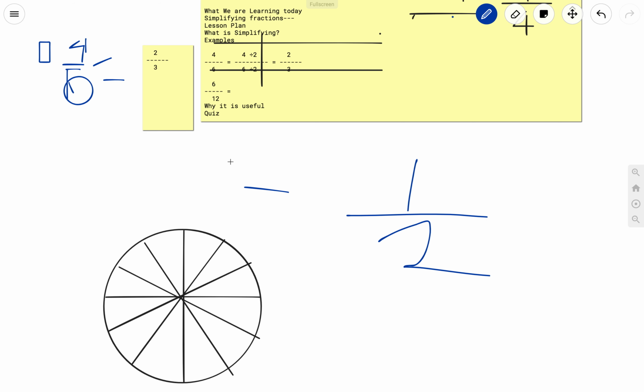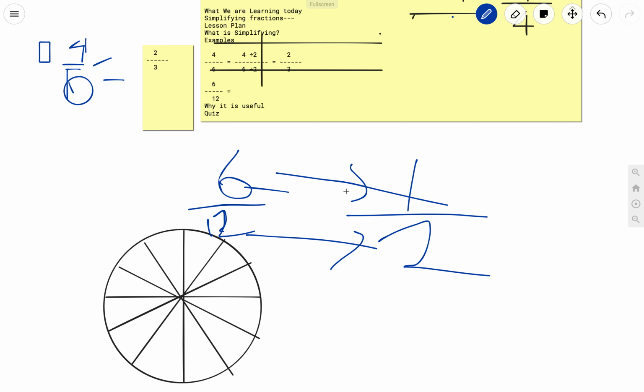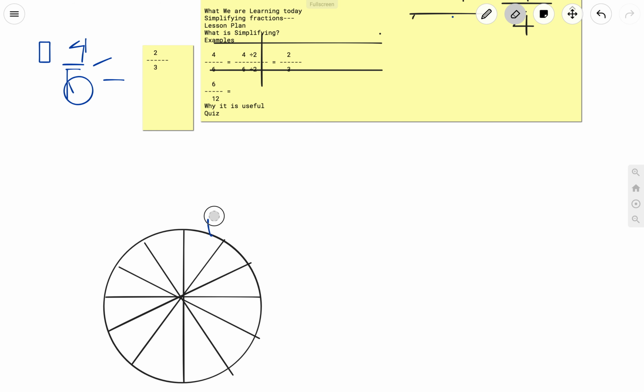How do you do that? Now, 6 over 12. Have you realized if you divide the top and the bottom by 6, you can get 1 over 2? This means this is exactly the same as the 4 over 6.